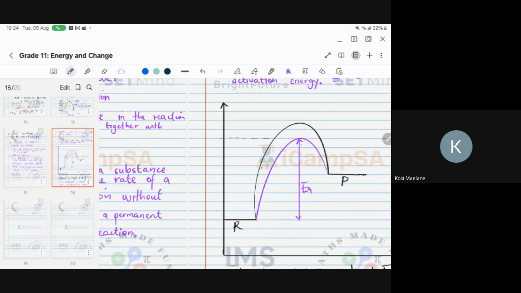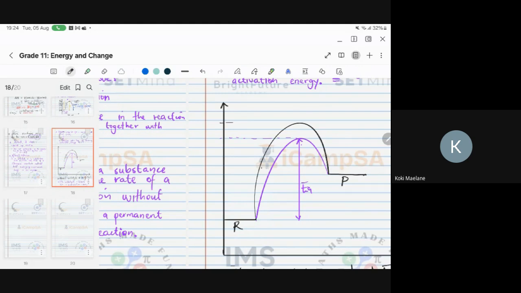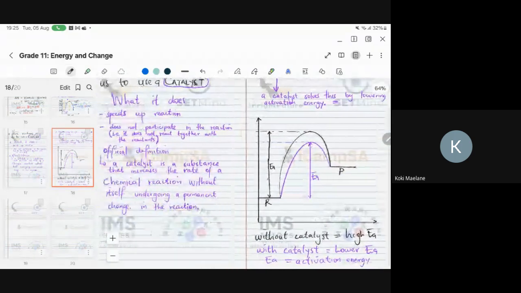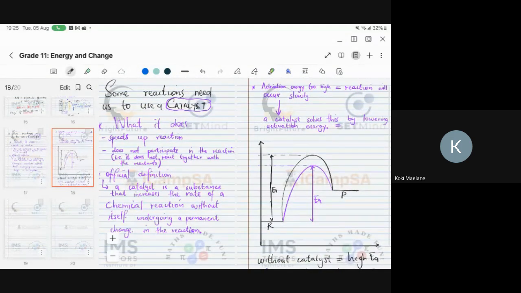So that you will see this. Now, this is what a catalyst does. So you want to climb this mountain, but you realize it'll take you forever to reach the peak.